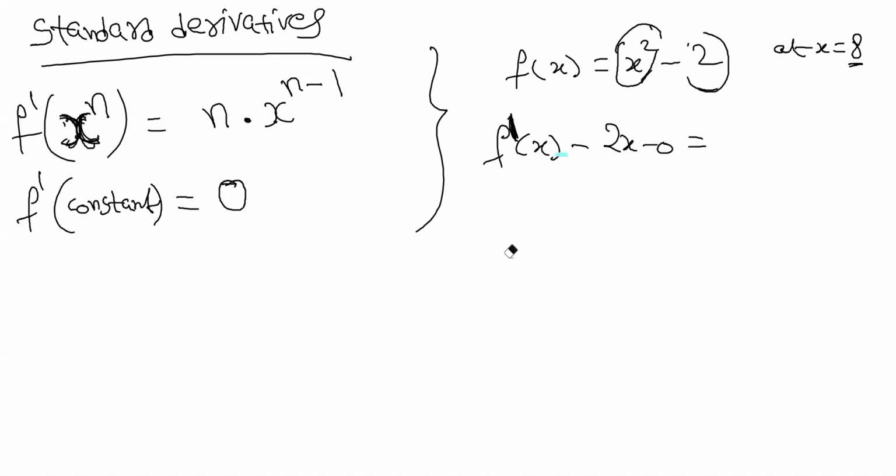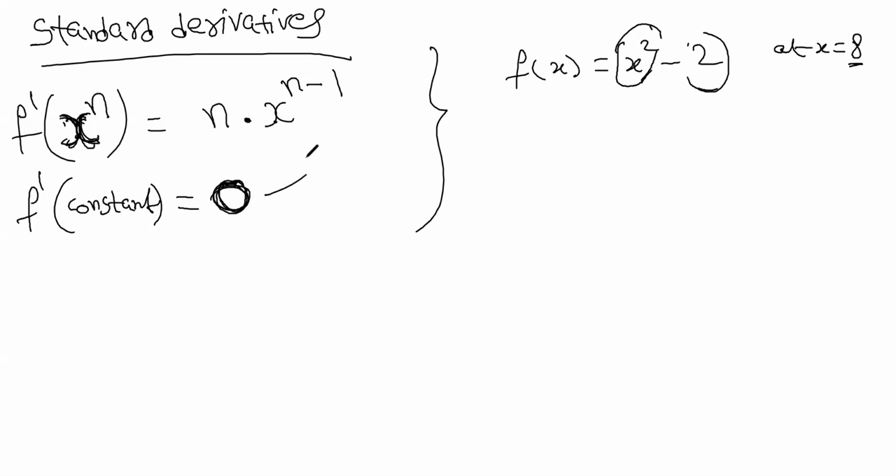So x power n is n into x to the power n minus 1, and the differentiation of a constant is 0. Just remember these two formulas today.